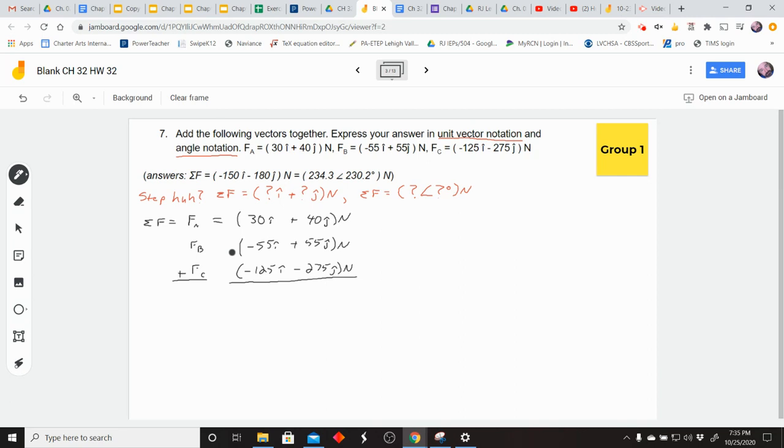So ask your calculator: 30 plus minus 55 plus minus 125. So the i hat part of all this is going to be equal to minus 150 i hat. And then the j hat part, we're going to have 40 plus 55 plus minus 275.